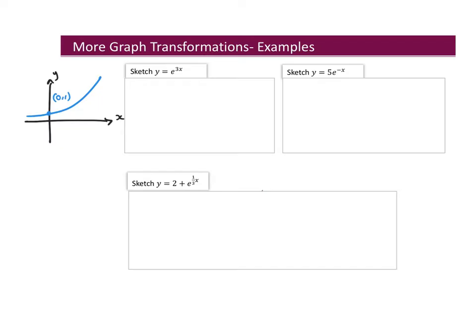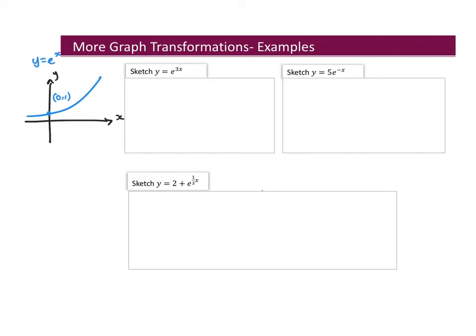Obviously if we had a number less than 1, when we have a fraction, it reflects in the y-axis slightly differently. But for the number 2.7 it's going to look roughly like this. So this is what the graph of y equals e to the x looks like, roughly.